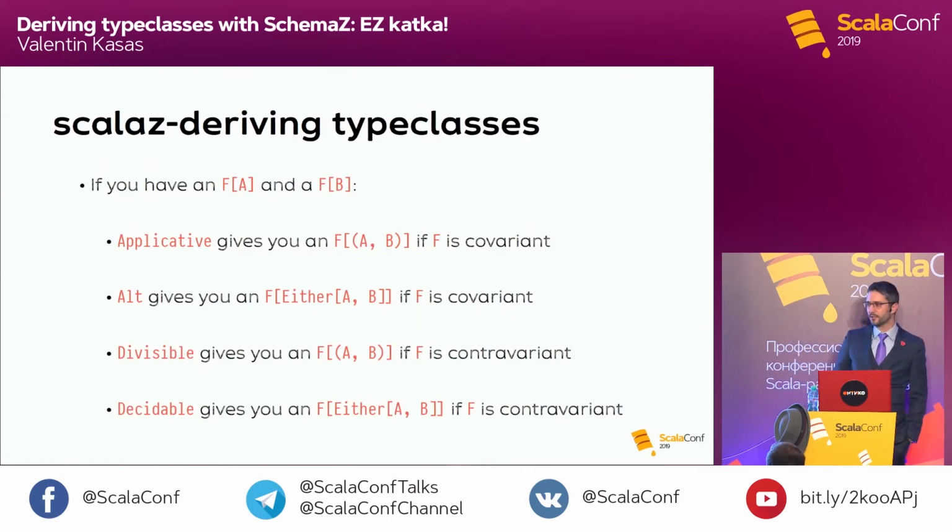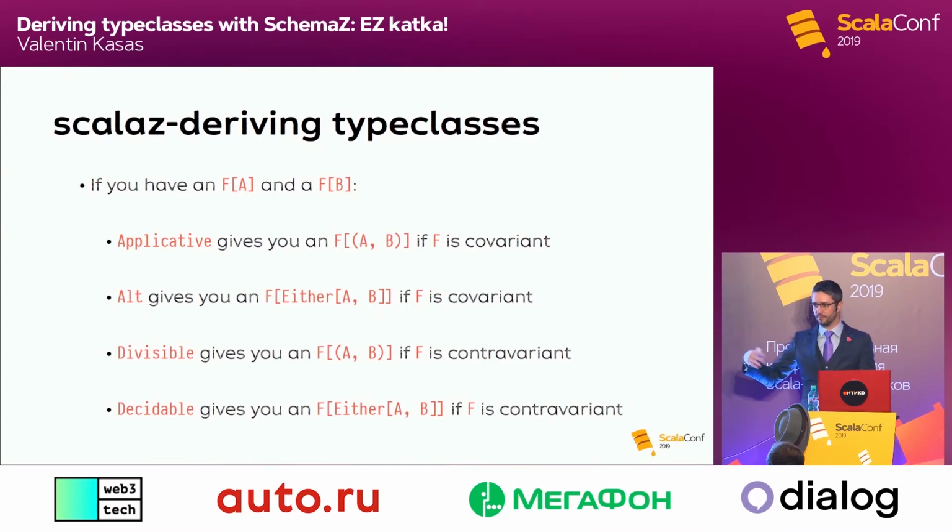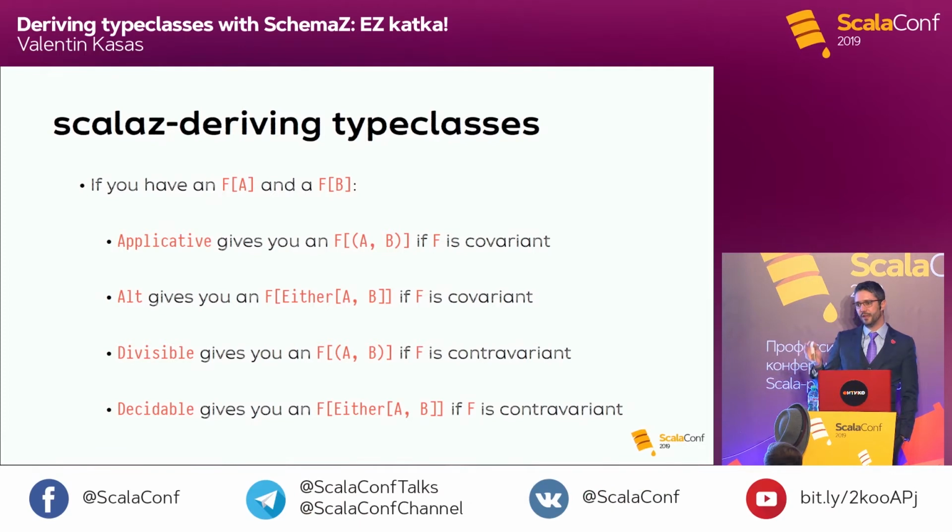Really, really quick, a few words about these higher-kinded type classes. They all revolve around the same idea. If I get an F of A and an F of B for some type class F, and if F has an applicative instance, that means that F is said to be covariant, and then applicative out of this F of A and F of B will give me an F of pair AB.